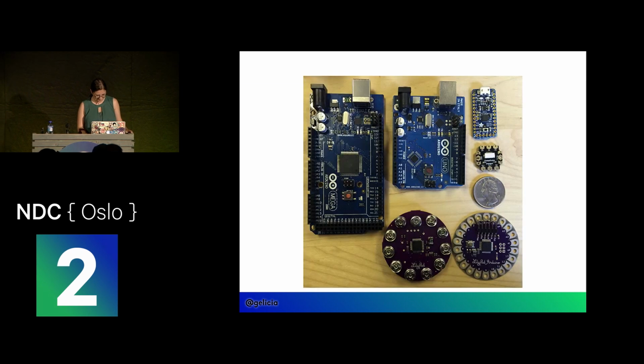If you're not familiar with the world of open hardware, it got big with the Arduino Uno and the Arduino line of products. An Arduino Uno is this size, just this little rectangle here.